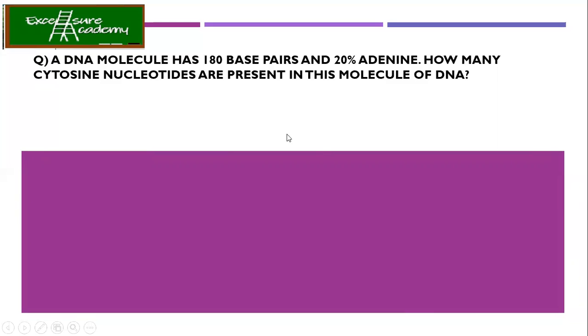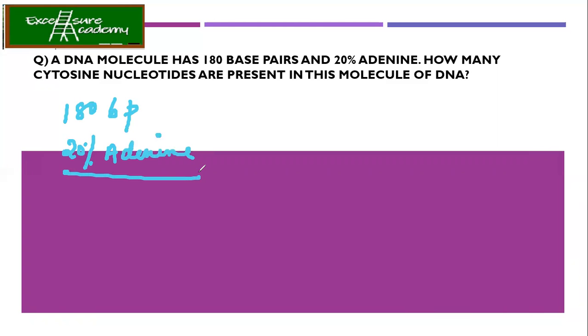Okay, now solve this question. So what is given? 180 base pairs are given, 20% adenine is given. What should be my next step? All these questions we are doing shouldn't take more than 1 minute in your exam, so practice that much.